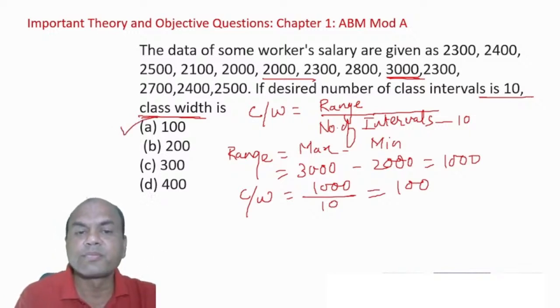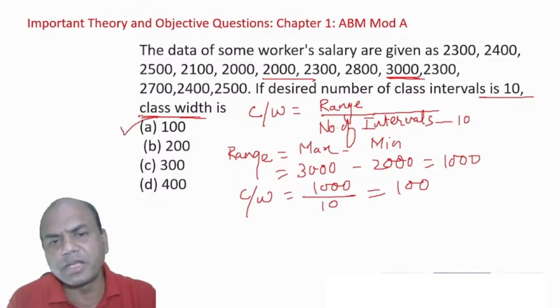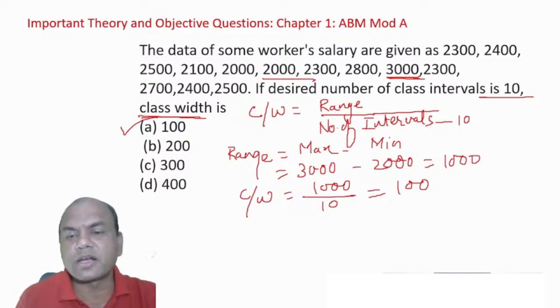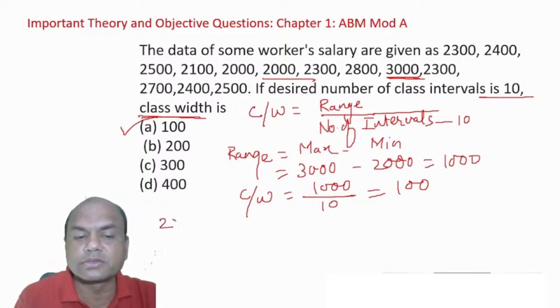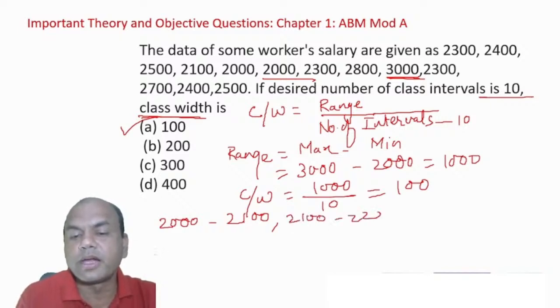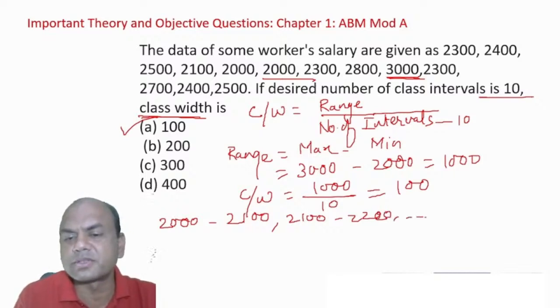What do you mean by class width? What is the meaning of this 100 you have got? It means when I start arranging these numbers, I'll be arranging them like this: 2000 to 2100, the lowest number, and then go on adding 100. Then 2100 to 2200, and so on, up to the last number, 3000.